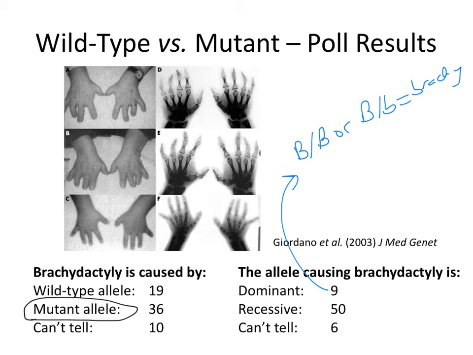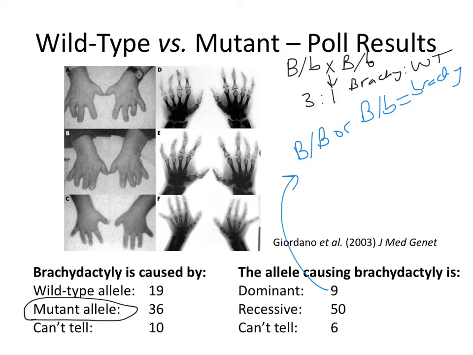because if you do a cross, as we've been looking at in class, between two individuals that have brachydactyly, so let's assume it's dominant, capital B causes brachydactyly, then you'd get our normal 3-to-1 ratio of brachydactyly to little b over little b, non-brachydactyly, which we would call probably wild type.